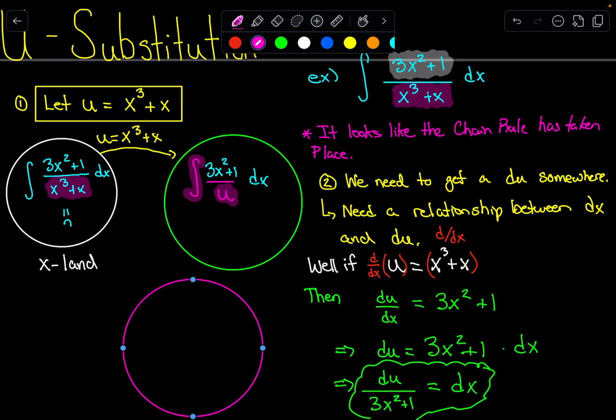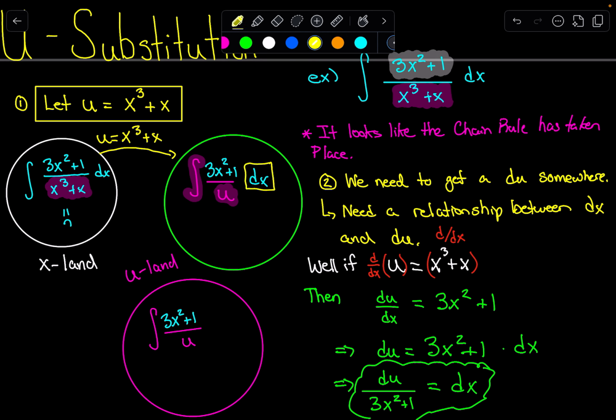Because over here, this pink circle, if you will, this is going to be U-land. And now we're going to have the integral, and in the denominator we have u, and in the numerator, wait a second, we still have this 3x squared plus 1. But at the very least, this dx, we can substitute out with something that has a u in it: du over 3x squared plus 1.